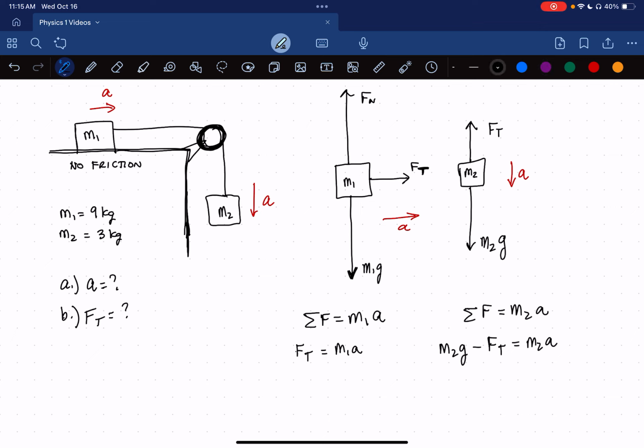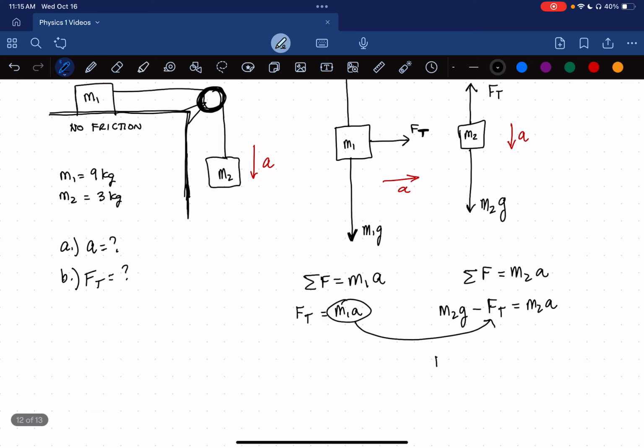This one's even easier because we have an expression for Ft, and so we can substitute m1a into this expression. Now you don't have to show this on a quiz, but I'm just showing this for the purpose of notes, that we're going to take m2g minus m1a equals m2a. I want to solve for a, so I want to get all my a expressions on one side of the equation, killing two birds with one stone and getting rid of that negative as well.